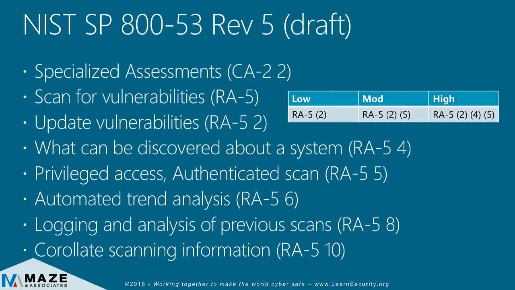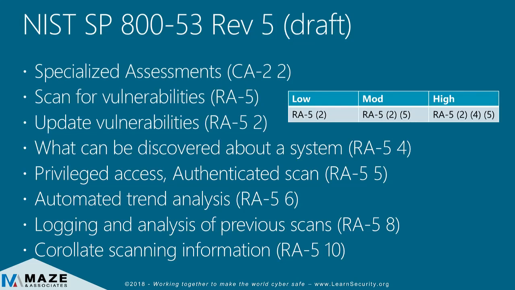You look for what can be discovered about a system, so you're fingerprinting the system to determine what kind of system it is. You're also looking for privileged access and authentication. Privileged access means that you can do an authenticated scan, because that gets you a lower false positive rate when you run a scan. Then there's automated trend analysis, logging and analysis, and correlating scan information.